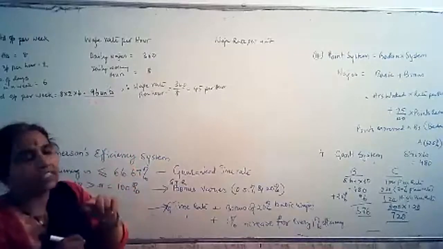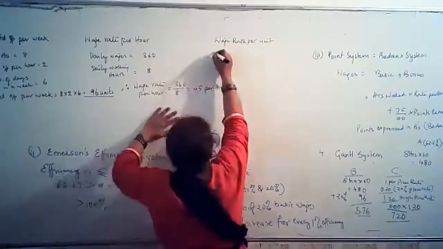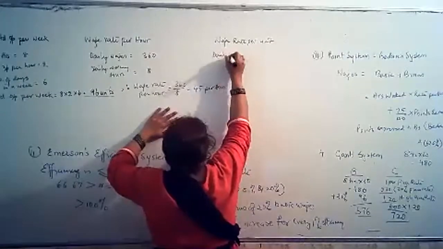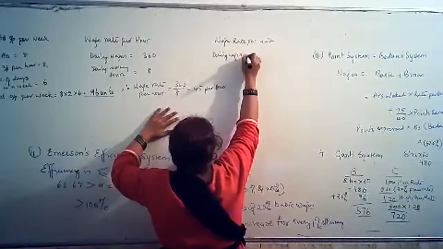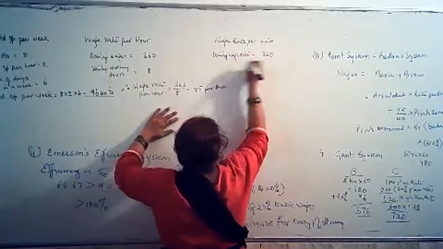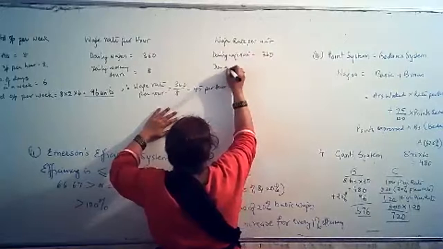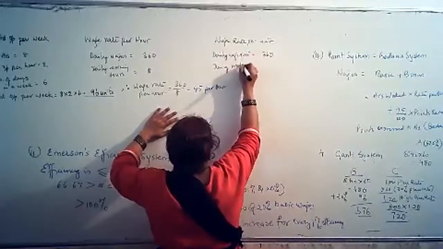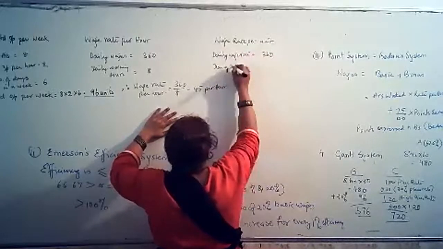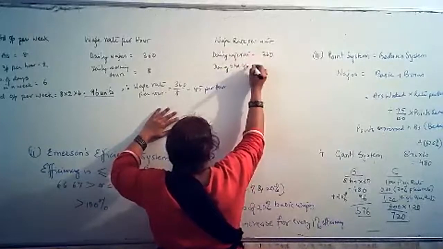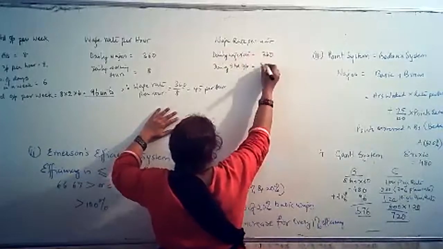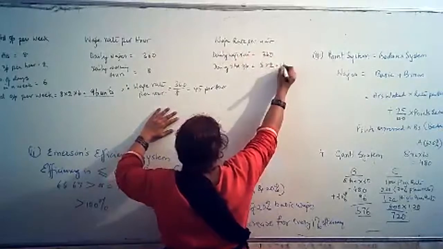Into 2, 16. So, daily wage is equal to 360. Daily standard output is equal to 8 hours into 2, that is 16.